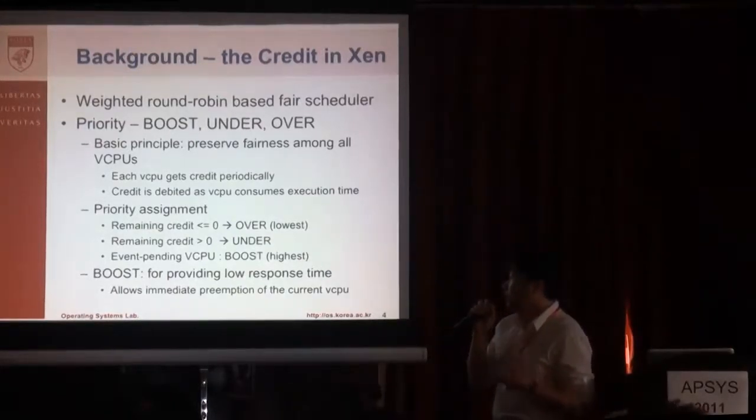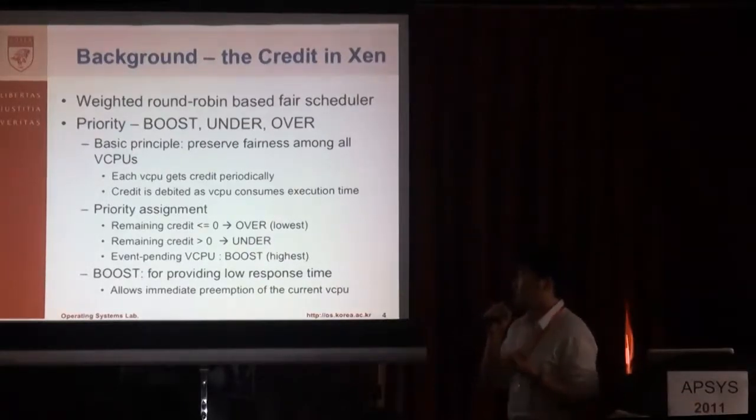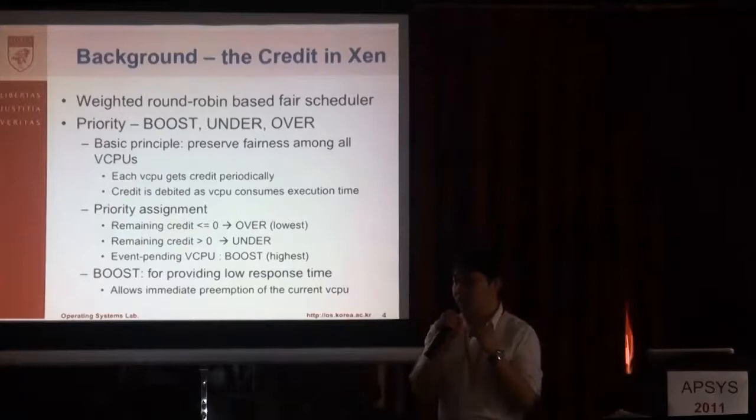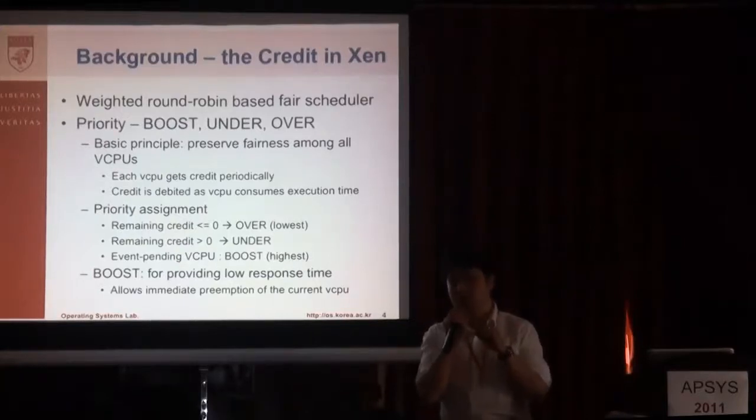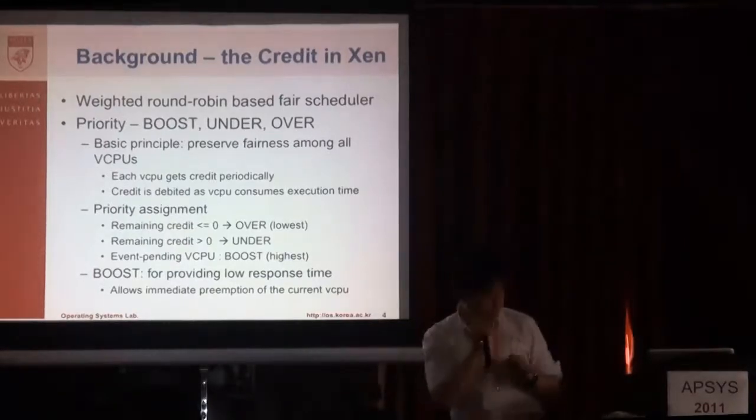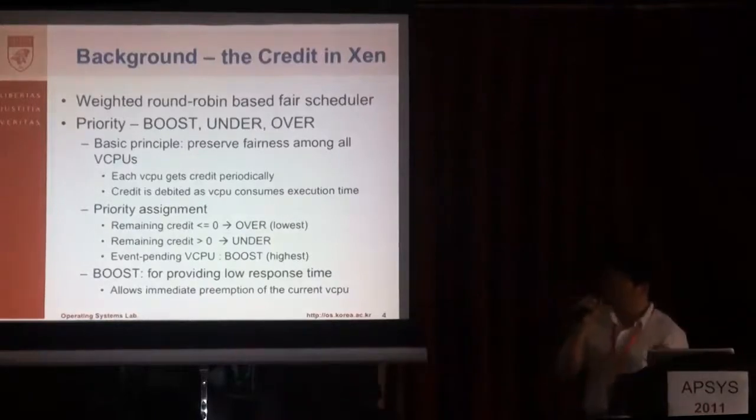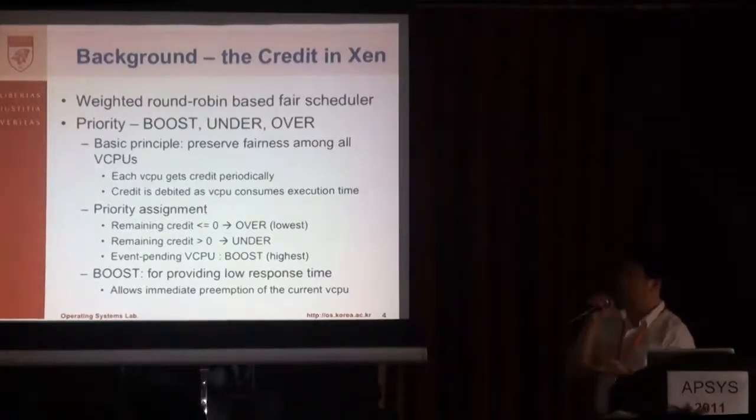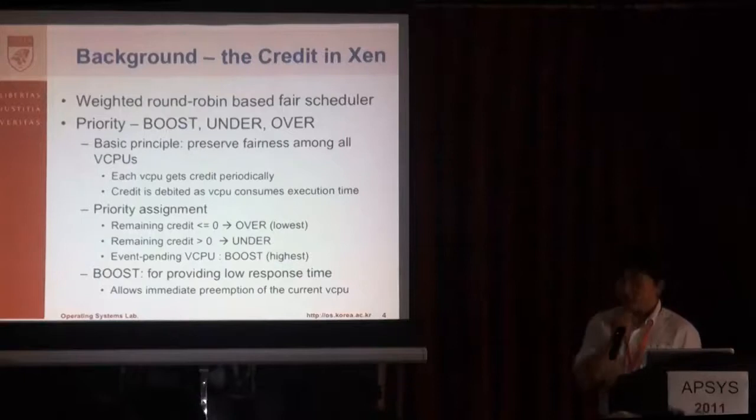In order to mitigate the long response time, the credit scheduler designers introduced a new priority called boost. The vCPU is boosted when the vCPU gets an I/O event. So it seems to deal with the latency issues.